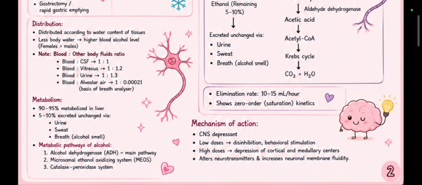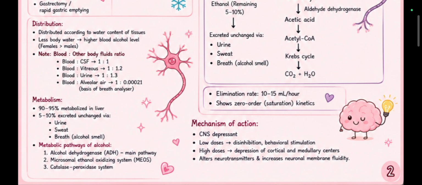But in the microsomal ethanol oxidizing system, the site is the SER, the smooth endoplasmic reticulum of liver cells. The enzyme which takes part in the metabolism is cytochrome P450 2E1, which is CYP2E1.